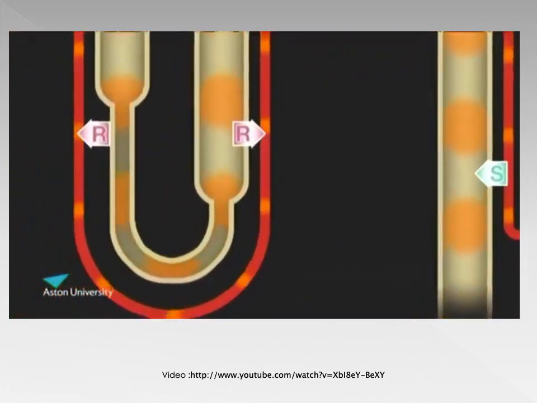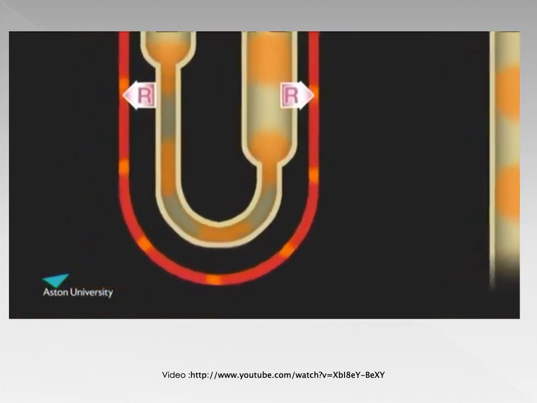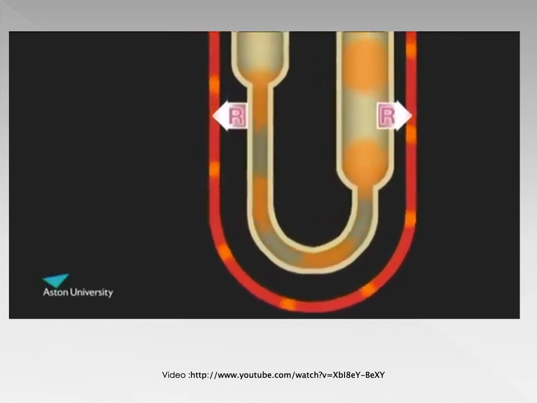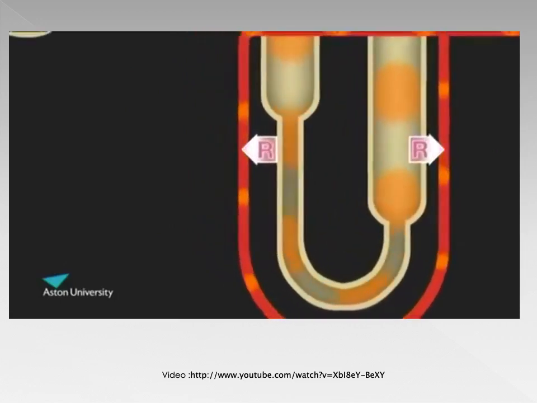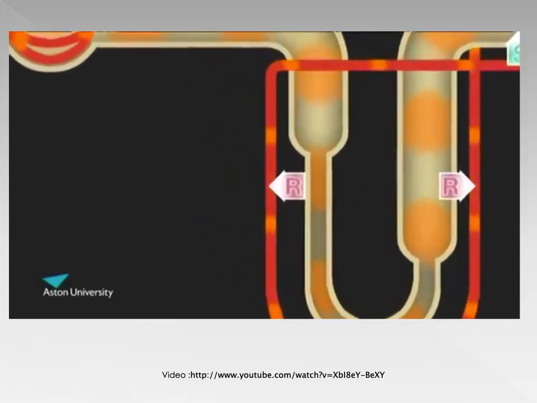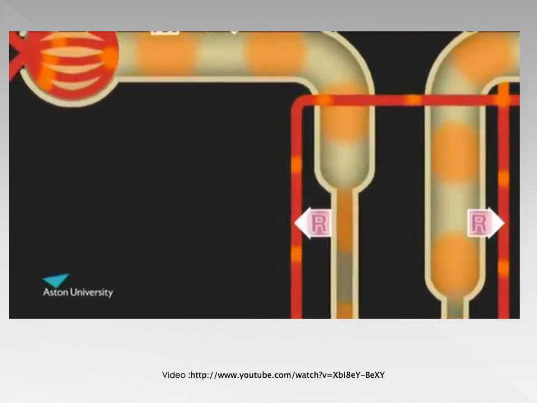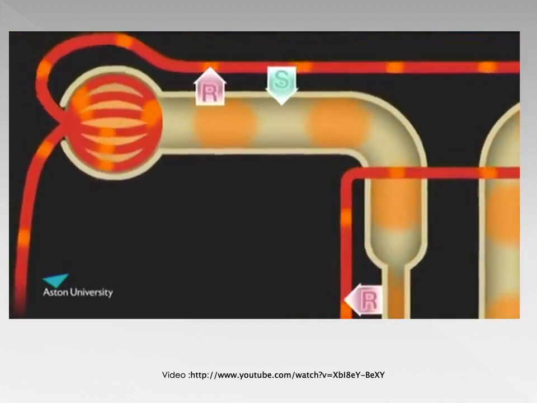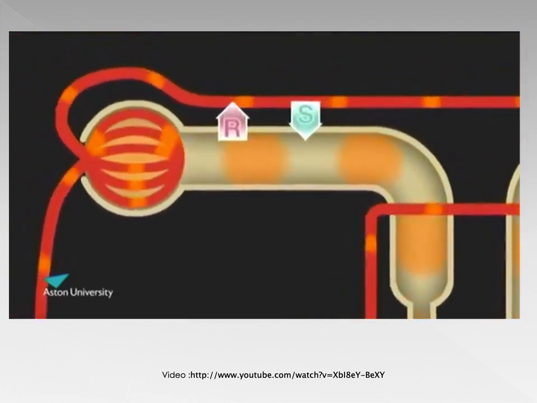The potassium and hydrogen are exchanged for sodium along the tubule. 99% of the filtrate is reabsorbed through a mixture of passive diffusion down an osmotic or concentration gradient and active transport by pumping against a concentration gradient.